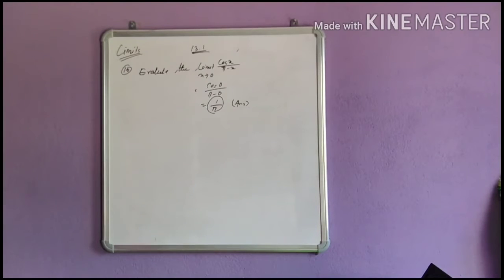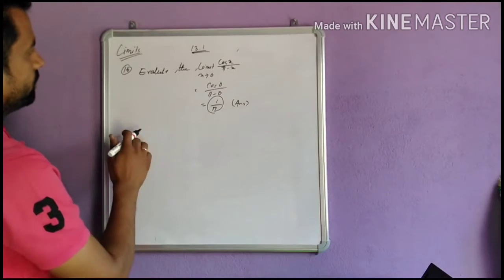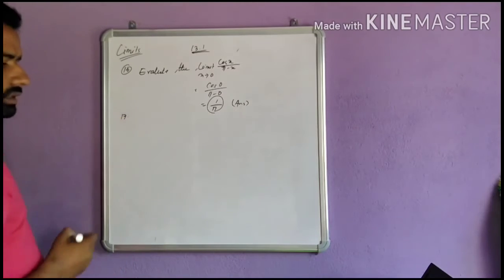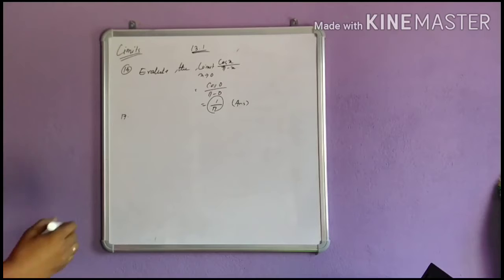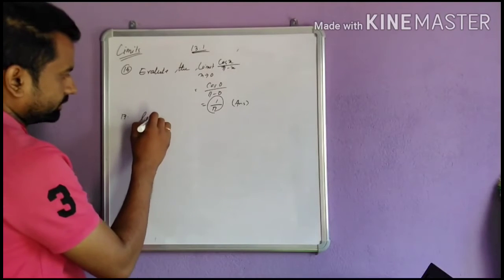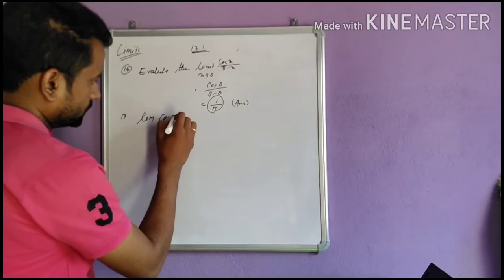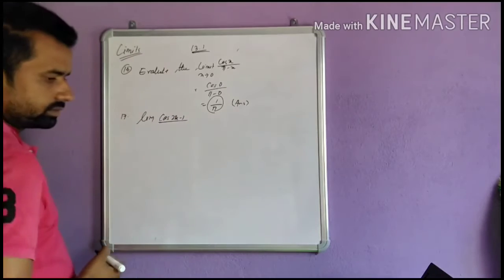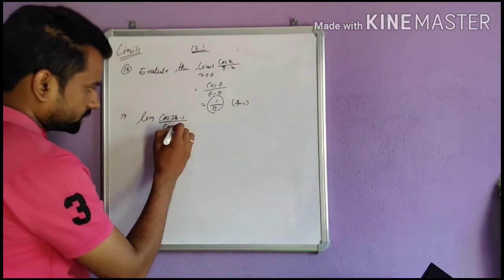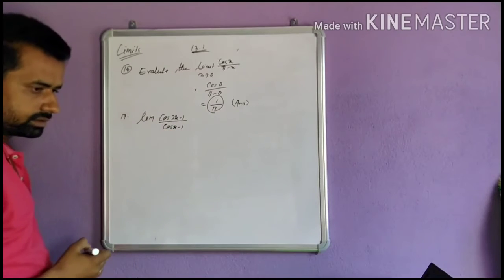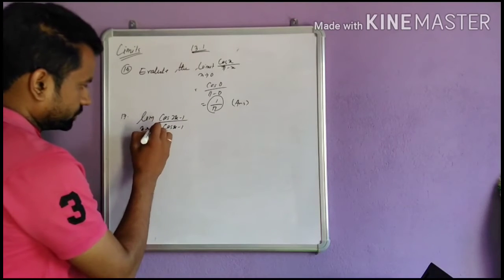For the next question, question number 17, the question is limit of cos 2x minus 1 by cos x minus 1, x tends to 0.